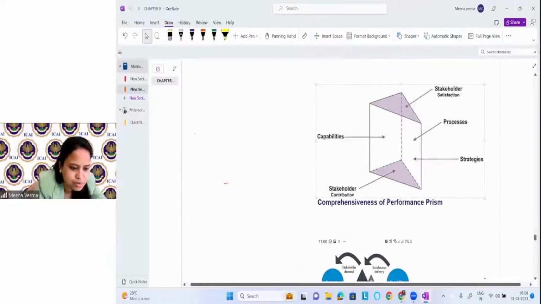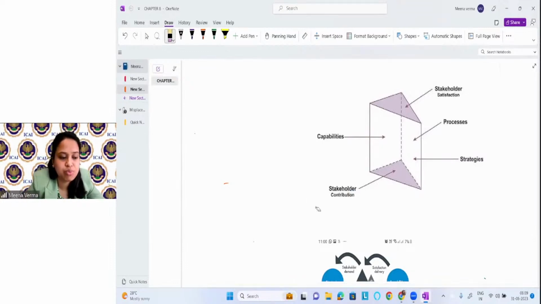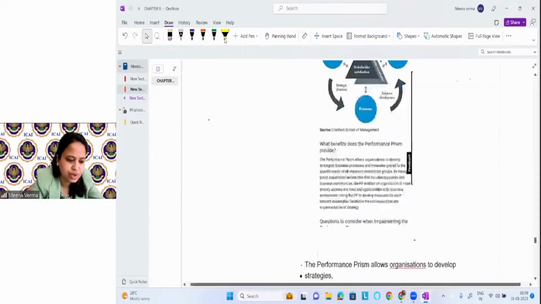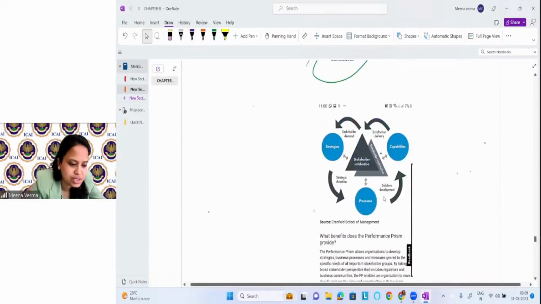This is your performance prism, right? Now, again, just remember the points you have here in the performance prism. Stakeholder satisfaction, processes, strategies of the company, capabilities of the company, stakeholders' contribution, right? So this is what a performance prism is.